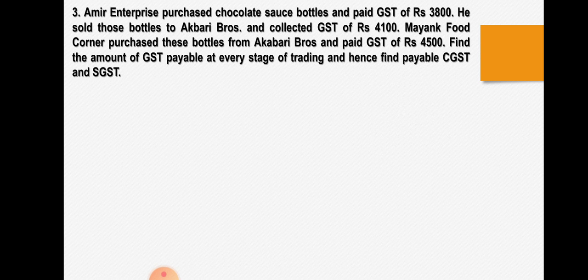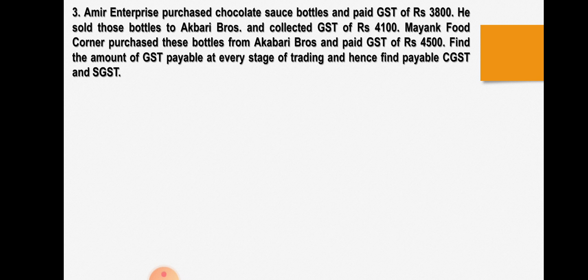Mayank Food Corner purchased those bottles from Akbari Bros and paid GST of 4,500. Find the GST payable at every stage of trading. Every stage means there are only two stages: Amir Enterprises to Akbari Bros, and Akbari Bros to Mayank Food Corner. After finding GST payable, we have to find CGST and SGST payable.